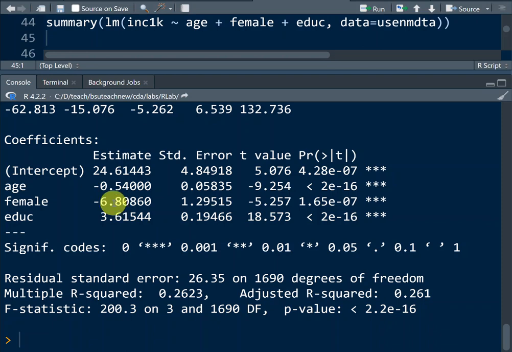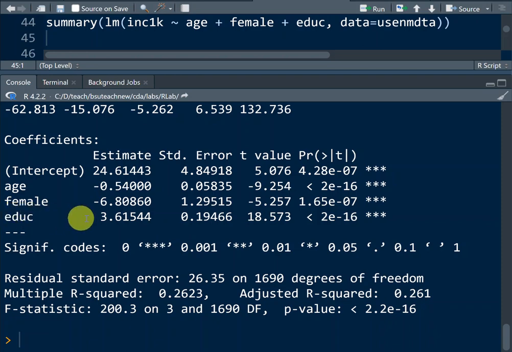We would expect for each year increase in age, so that is a 1 unit increase in age, we would expect the income to decrease. Why? Because the sign in front of this estimate is negative. To decrease by $0.54 thousand. So in this case, roughly $540 for each year increase in age, right?